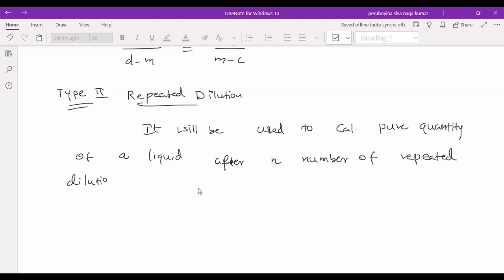For the dilution purpose, you can use either water or some other liquids.